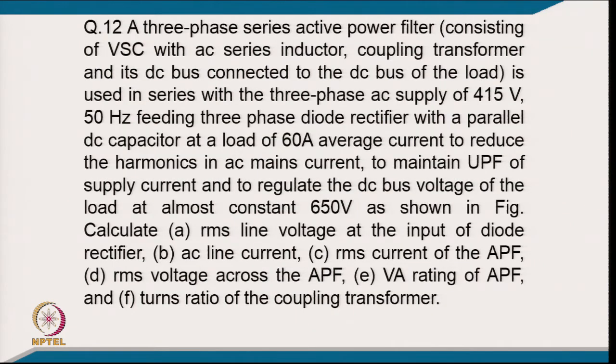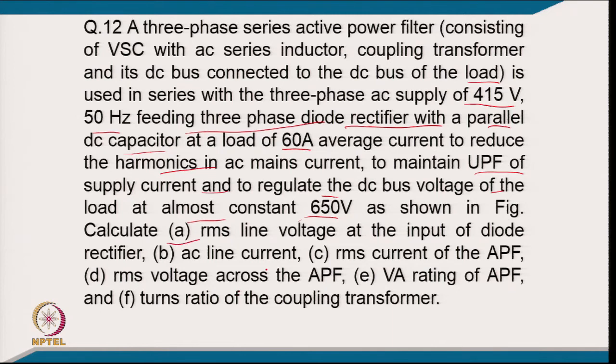Coming to numerical problem 12: a 3-phase series active power filter consisting of a voltage source converter with AC series inductor and coupling transformer, its DC bus connected to the DC bus of the load, is used in series with the 3-phase supply of 415 volt 50 hertz feeding a 3-phase diode bridge rectifier with a parallel DC capacitor at a load of 60 ampere average current, to reduce the harmonics in the AC mains current, to maintain unity power factor of the supply current, and to regulate the DC link voltage of the load almost constant at 650 volt as shown in the figure.